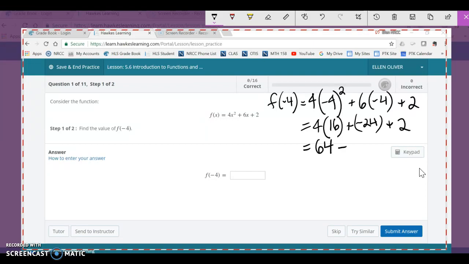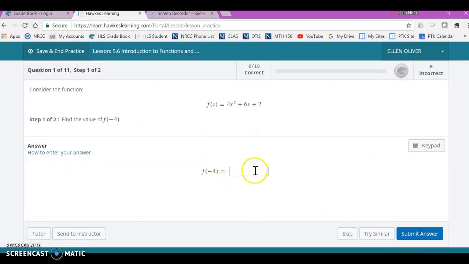This becomes minus 24, plus 2. 64 minus 24 is 40, plus 2, 42. That's all you got to do, is plug this number into this expression: 42.